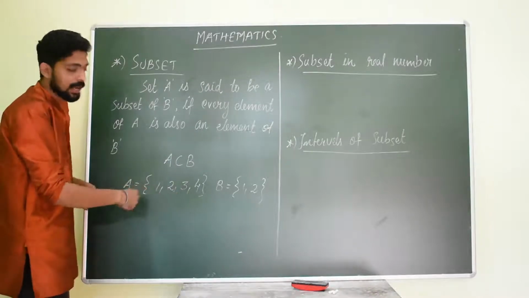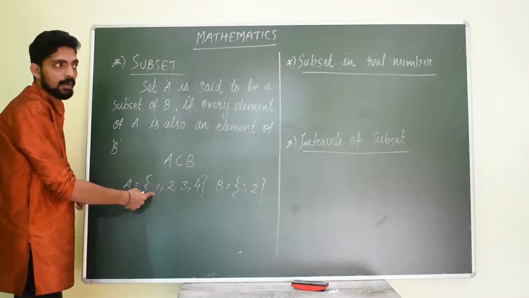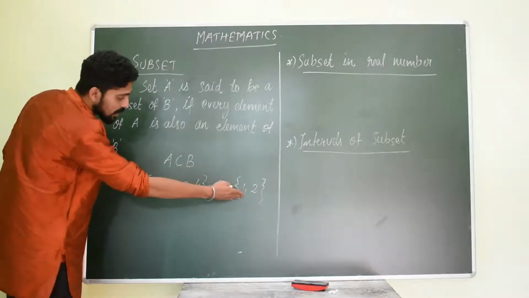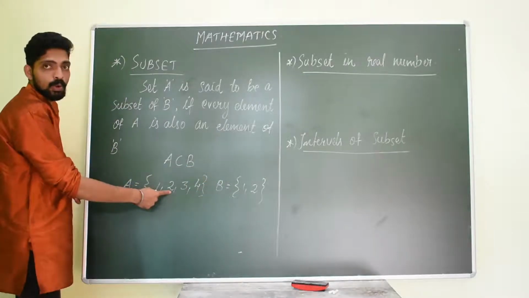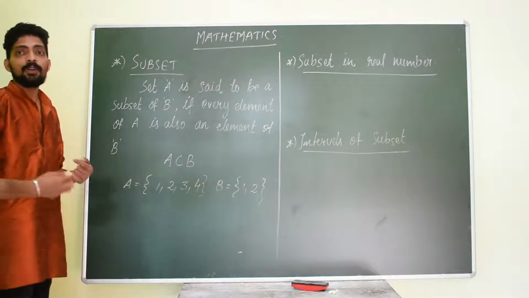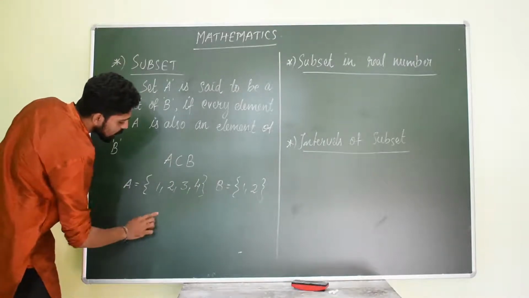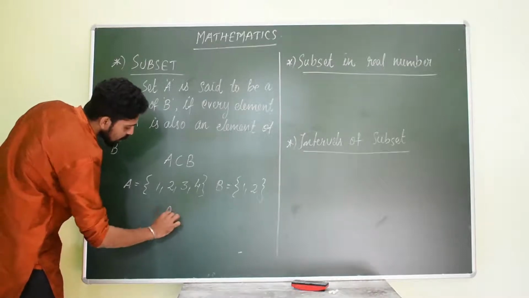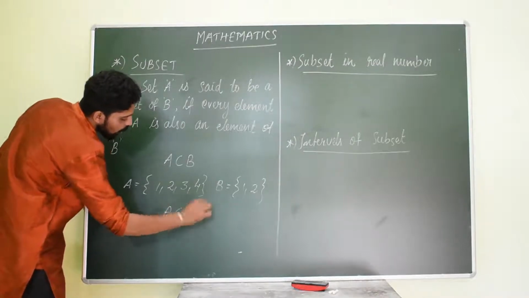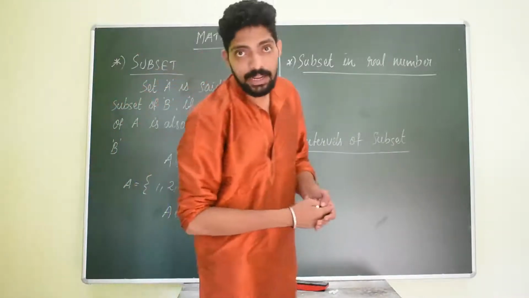The same element 1 is provided in set B, and 2 is also provided in set B. From here, we can say set A is the subset of B, right? Set A is the subset of B.